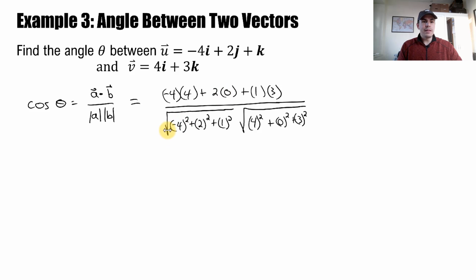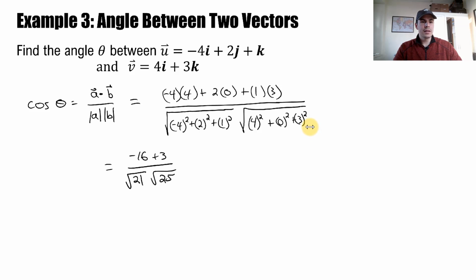And we have the magnitude of both of these, so the square root of the square of each component: -4 squared plus 2 squared plus 1 squared. That's for our vector U. And the magnitude of vector V would be 4 squared plus 0 squared plus 3 squared. And we can go ahead and simplify that a bit.